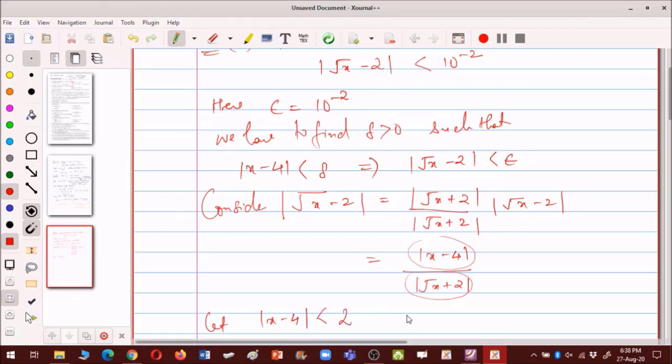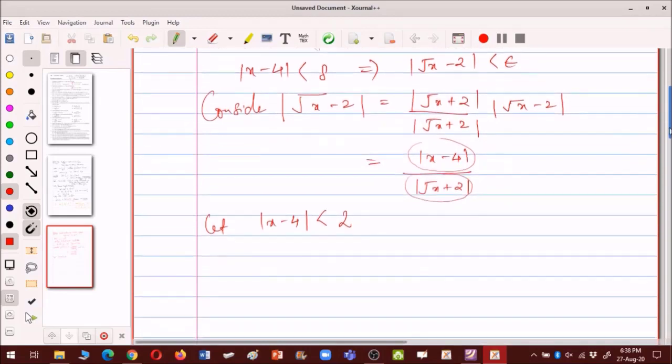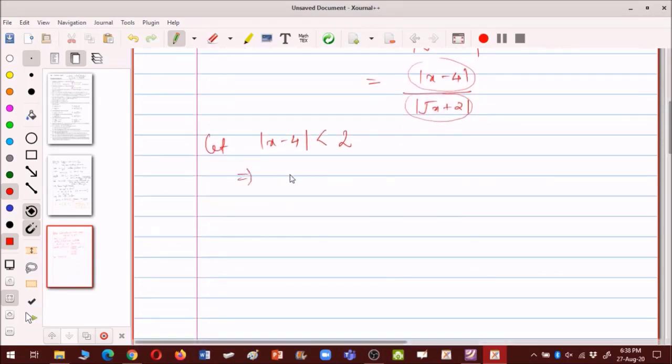When we open this bound, minus 2 is less than x minus 4 is less than 2, and adding 4 to all sides we get 2 is less than x is less than 6. This is our star.